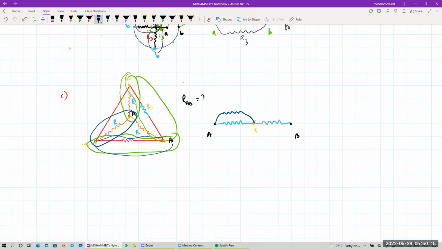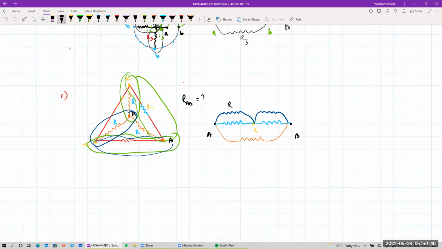Then between A and B there is one resistance directly. See, between A and B there is a resistance, look here. Yes, sir. Has everything come? Write the resistances for everyone.